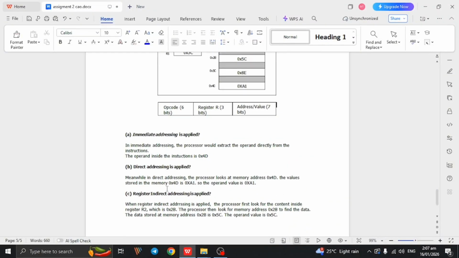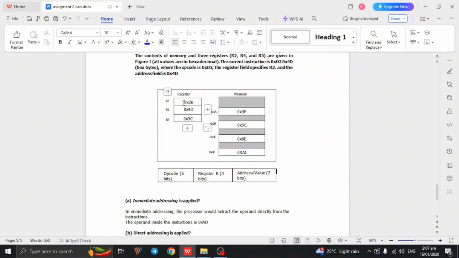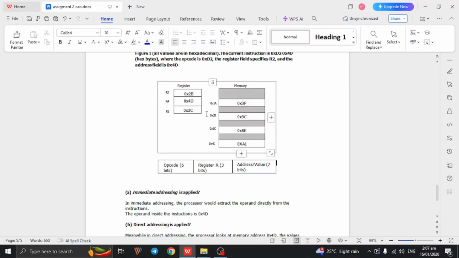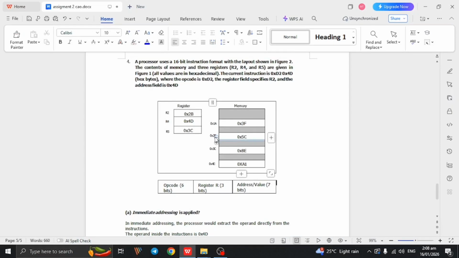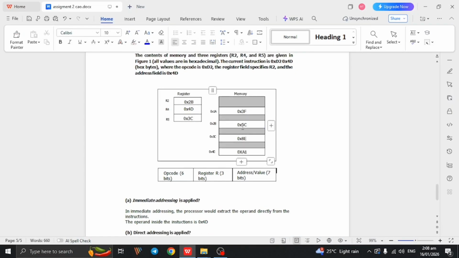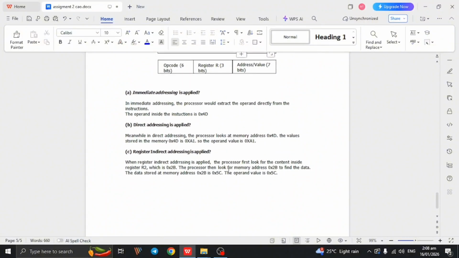From 0x2b, the processor would then refer to the memory with an address of 0x2b, and the operand value will be the data that is pointed to by the address 0x2b, which is 0x5c. So the operand value is 0x5c if register indirect addressing is applied.